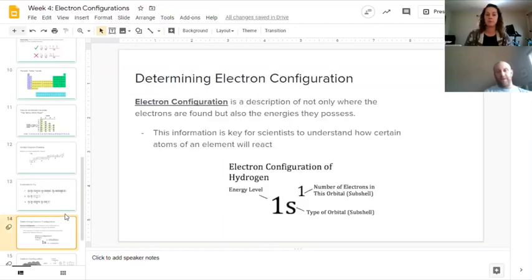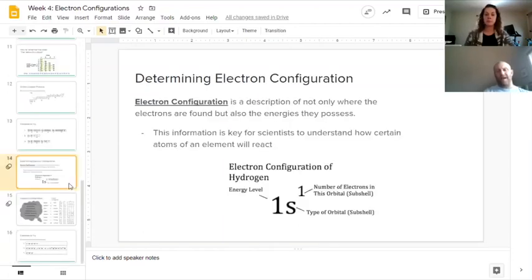Okay, so the important thing about this slide is actually this bottom picture. When you look at the notation of a configuration, it tells you a lot about it. When you see the big regular sized number, it's telling you what energy level it is. So that one where the arrow is pointing is saying you're in energy level 1. The letter, whether it's S, P, D, or F, is going to indicate to you which type of sublevel you're in.